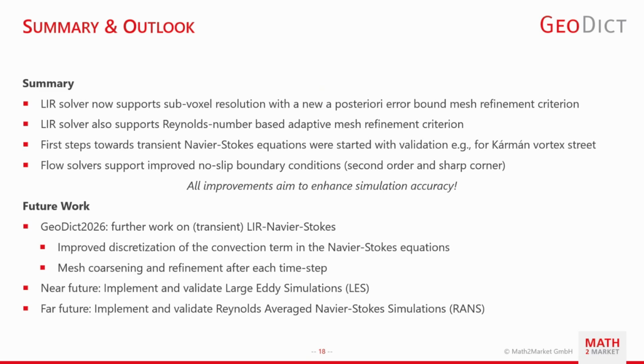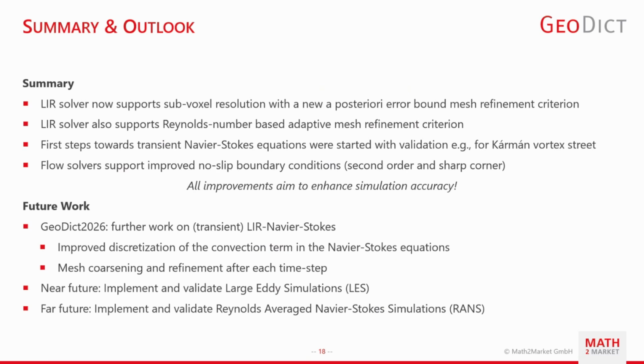We also did first implementation steps towards transient Navier-Stokes, and we will do more in the future. I showed you some validation for the Kármán vortex street. And last but not least, I showed you new advancements when it comes to no-slip boundary conditions, and what you can do with it.